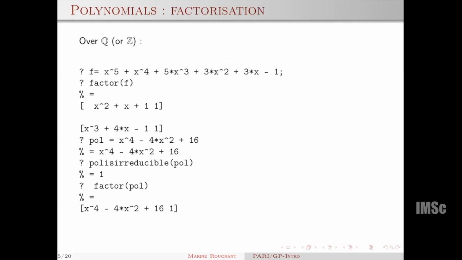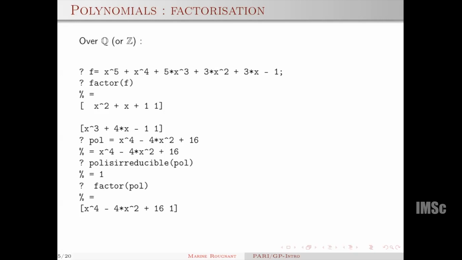We saw yesterday that if you do not specify anything, the software will decide itself in which domain all the operations will be done. You can use factor to factorize a polynomial. We like factorization because it makes things quite easy. If you do not specify anything, factorization is made over Q or Z, the default space.